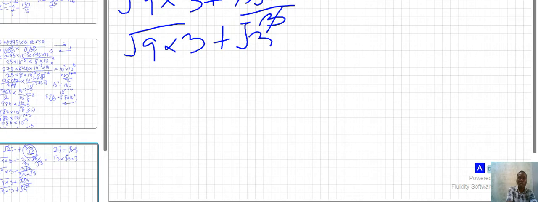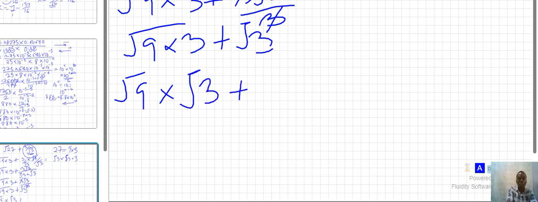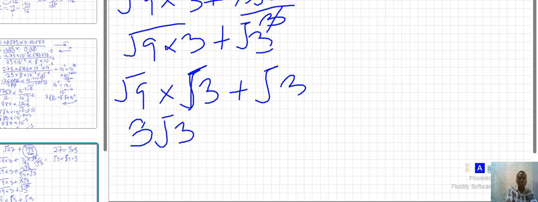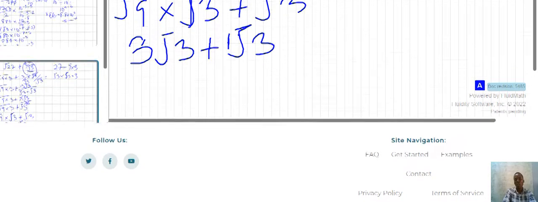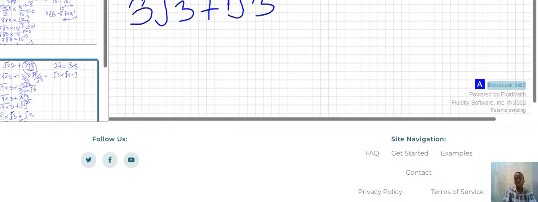The next thing we need to do is to simplify this. So this will give us root 9 times root 3 plus root 3. The square root of 9 will give us 3. So this will give us 3 root 3 plus root 3. Now we assume that this is 1, because since no value is there, it simply means it's just 1.